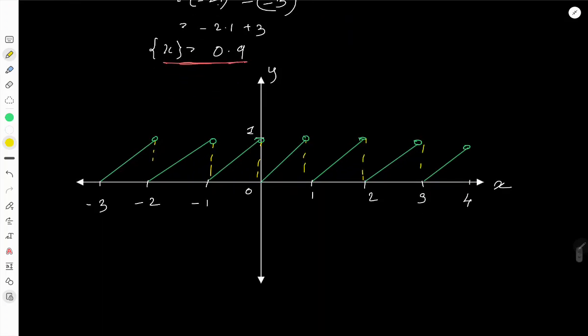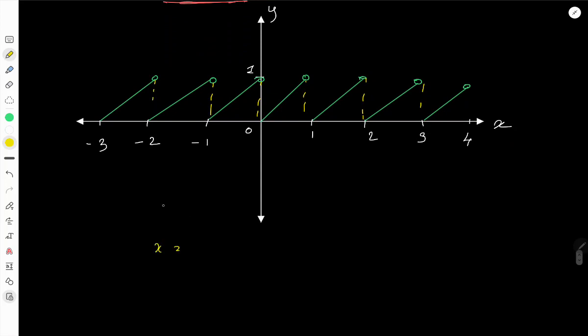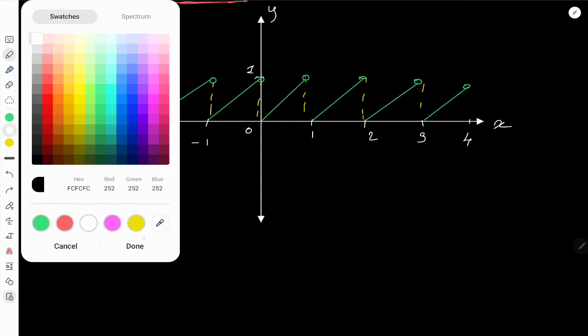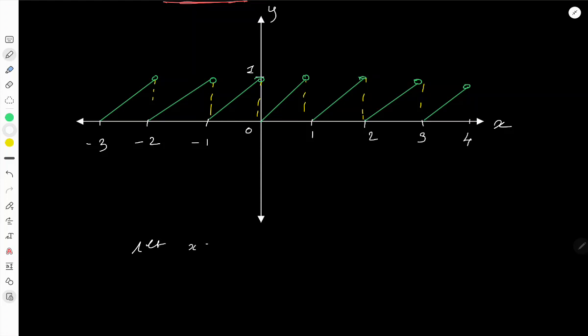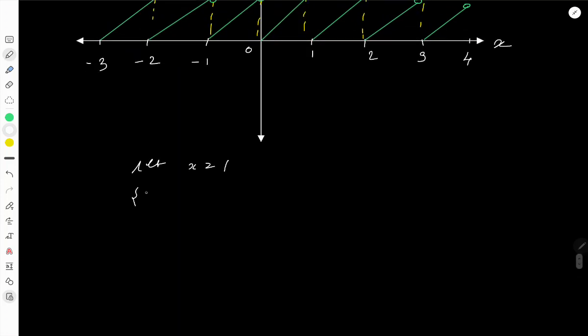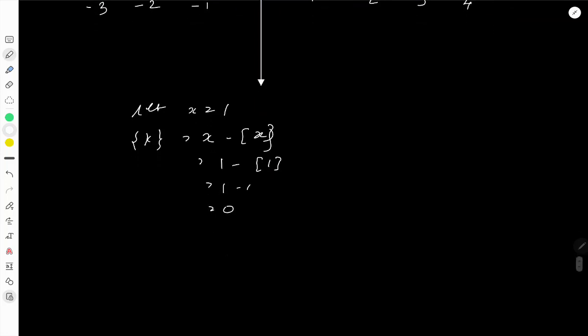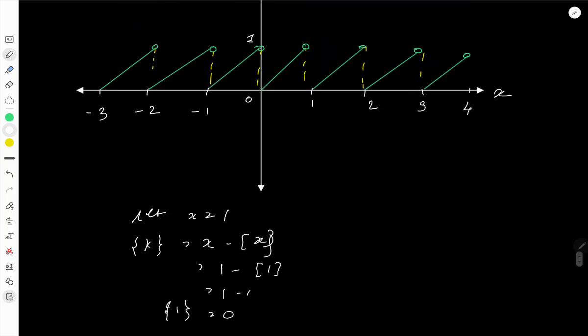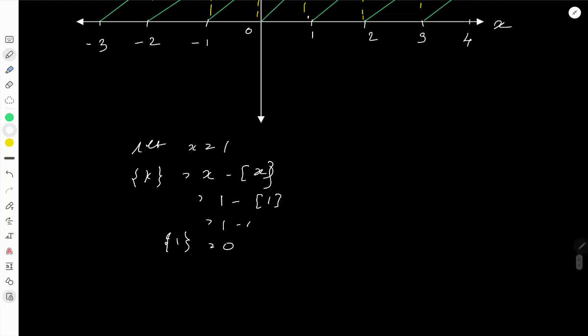At integers, let x be equal to 1, then the fractional part of x is x minus box of x. So it will be 1 minus box of 1, that is 1 minus 1, which is 0. So the fractional part of 1 would be 0. So the graph immediately goes down over here at integers.